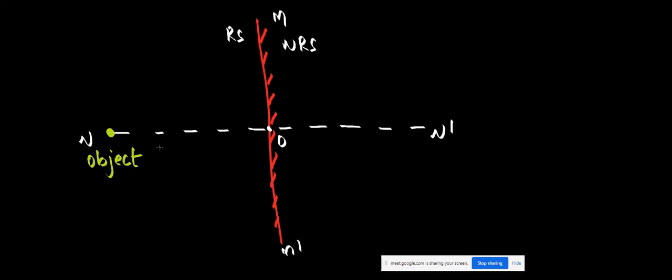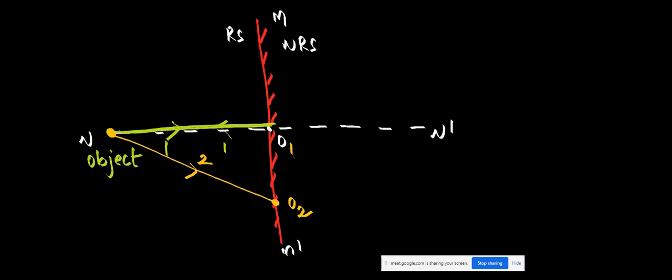Now one incident ray, first reflected ray. Now from the object I have to make another incident ray which is not along the normal. So I'll just take it here. This is my second incident ray. Now this second incident ray is striking the mirror at which point? At this point. So this is the second point of incidence.